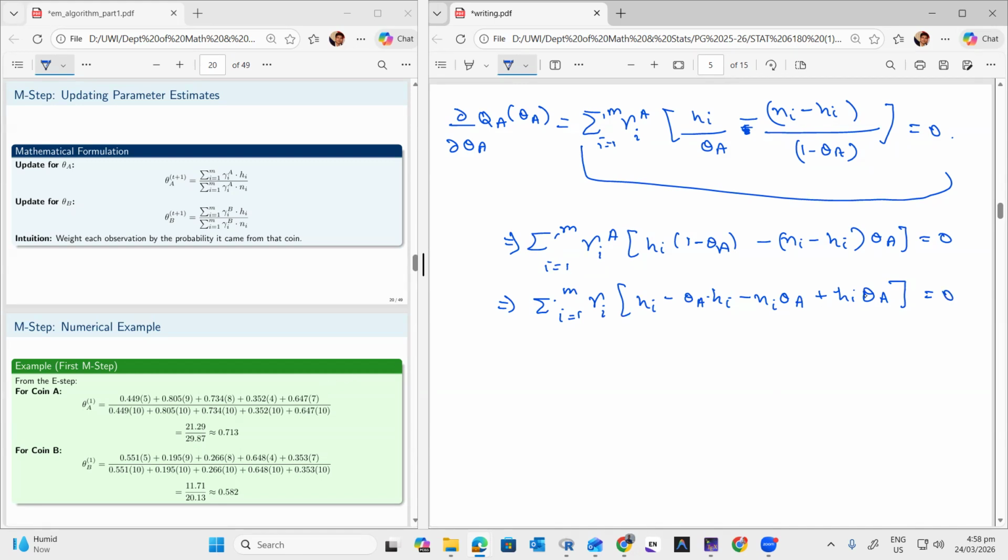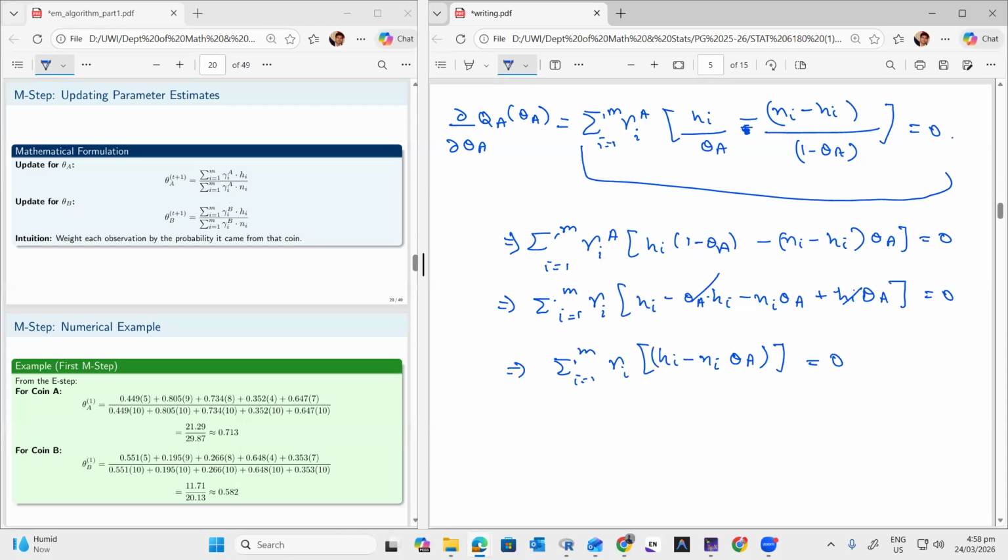So Hi theta A will cancel out, and Ni minus Ni theta A will remain. So it will be the summation over i from 1 to m of gamma iA times Hi minus Ni theta A equals 0.